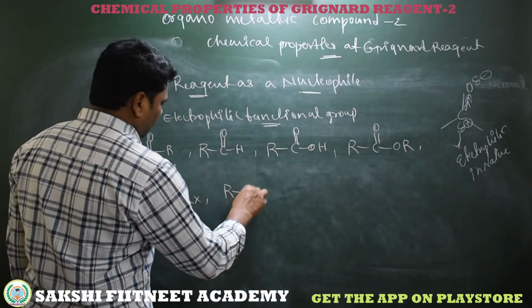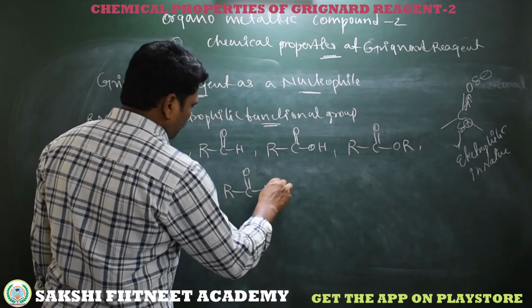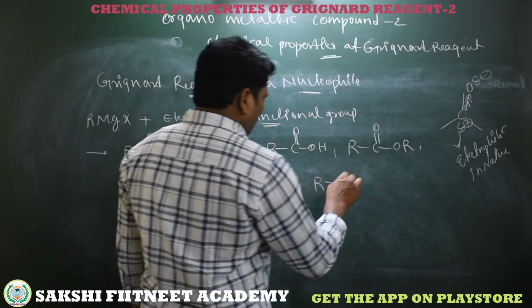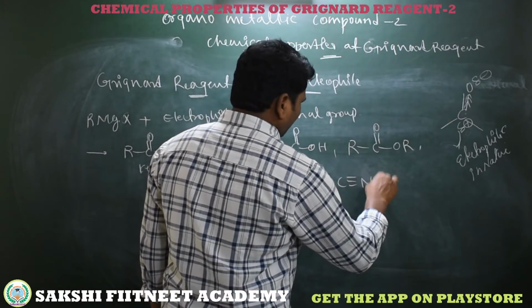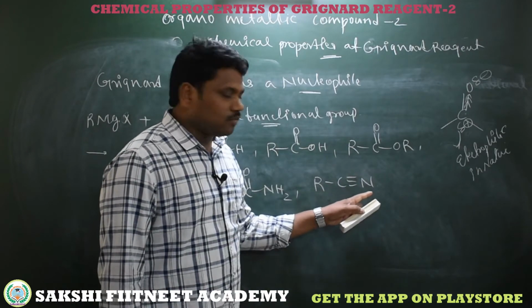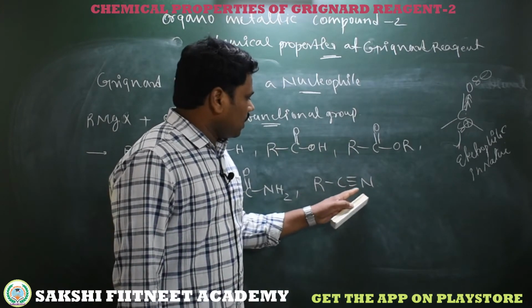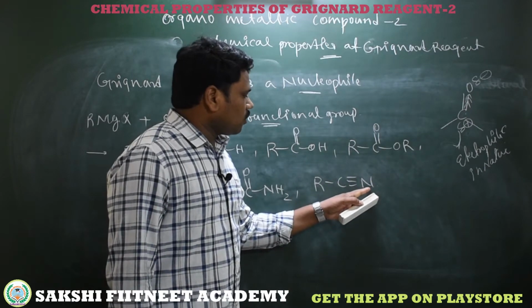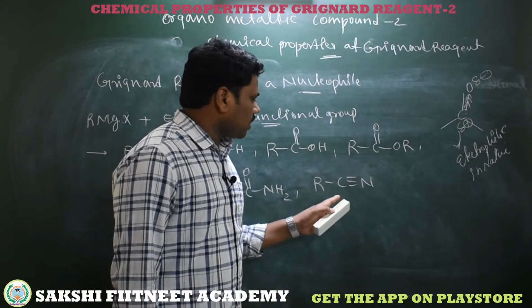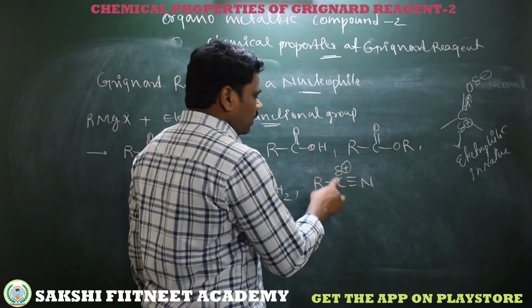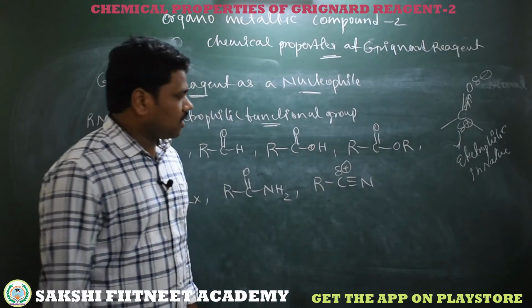Next, we have the amide functional group, along with this NH2, and here C triple bond N. See here, the nitrogen bonded to this carbon is more electronegative compared to carbon, and here three bonds are there. So due to the bonding as well as the higher electronegativity of nitrogen compared to carbon, this carbon is partially positive, that means an electrophilic center.